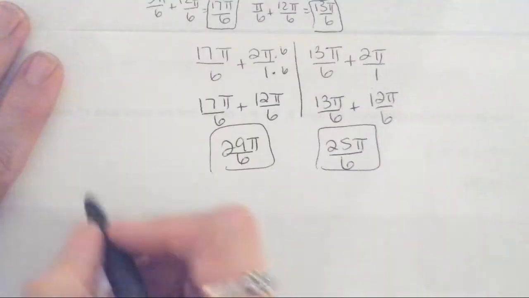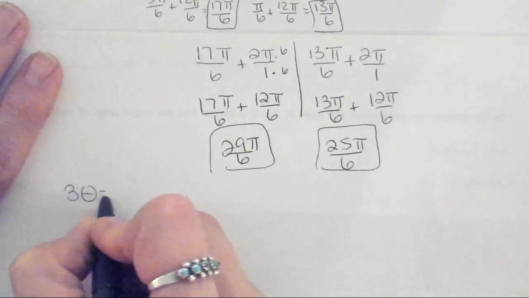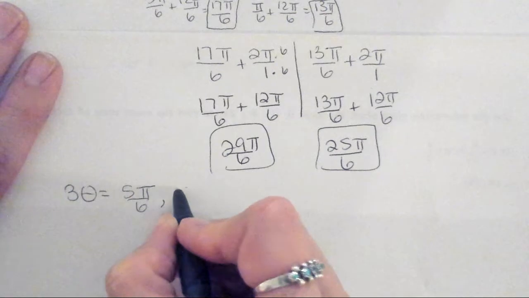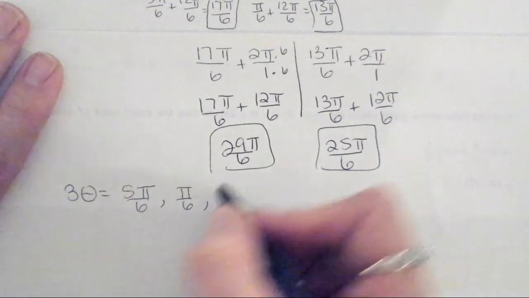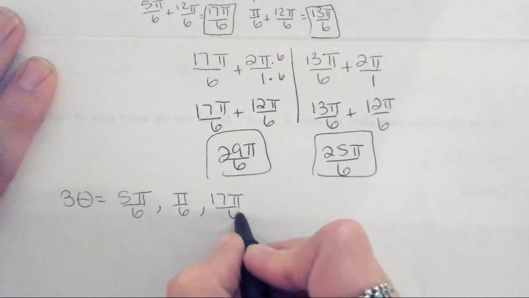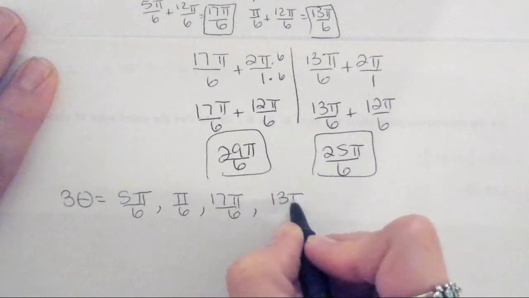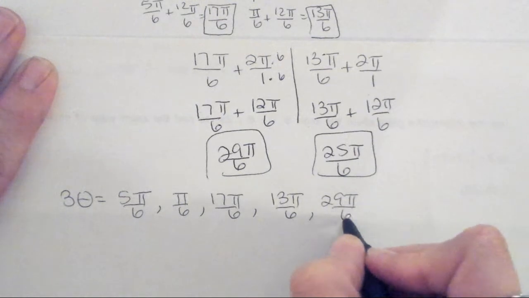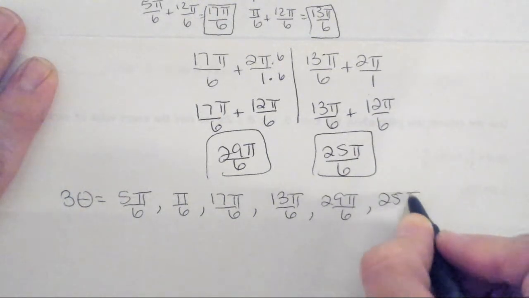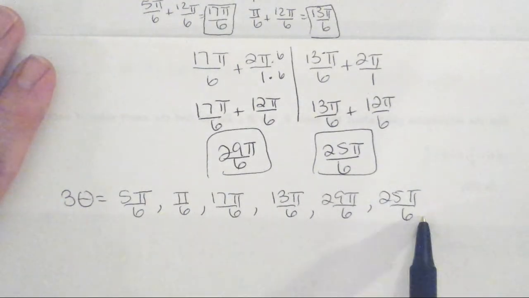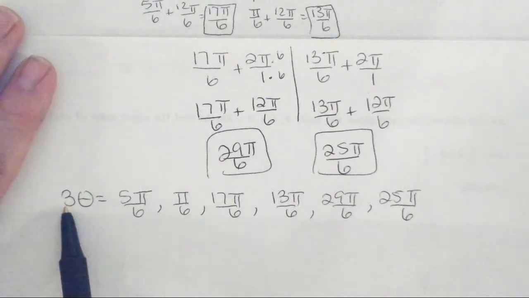So we're going to write down 3 theta equals 5 pi over 6, pi over 6, 17 pi over 6, 13 pi over 6, 29 pi over 6, and 25 pi over 6. Okay, all of these answers, that's what 3 theta equals.